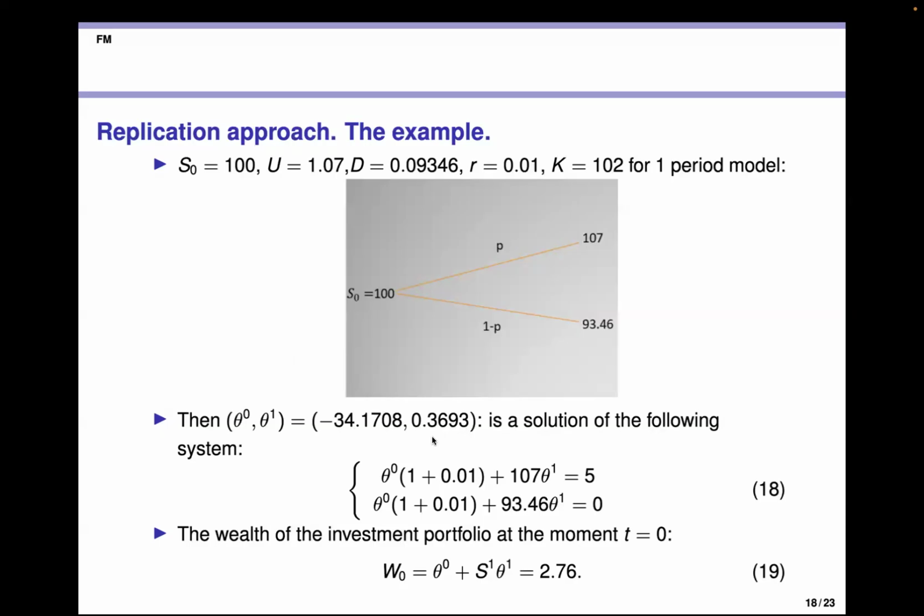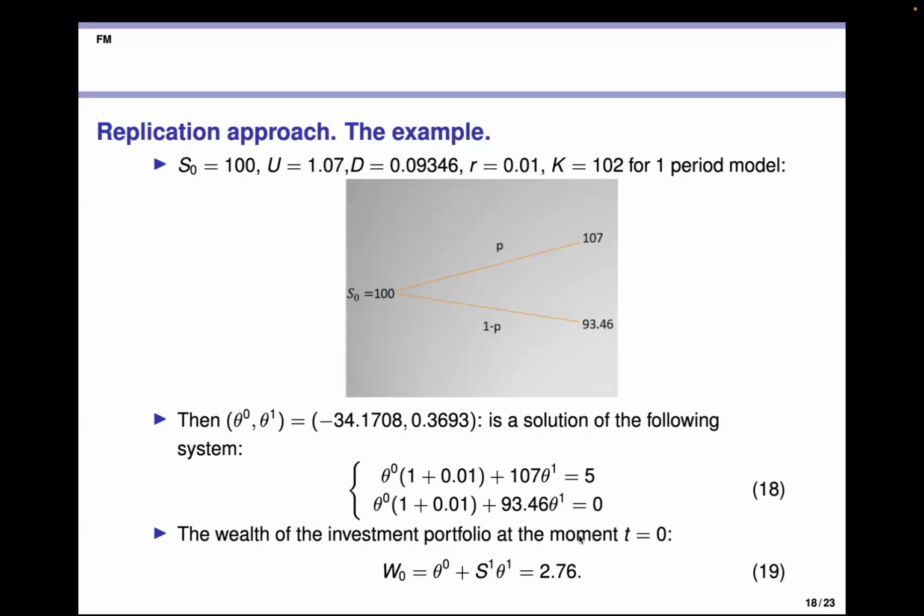After that, we can compute the initial price of this portfolio, the wealth of the investment portfolio at the moment t equals 0. And the rule is that the initial investment value of the portfolio is the same as the fair price of the call option. Okay?